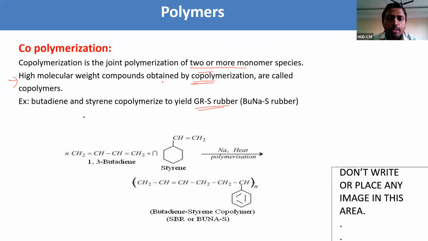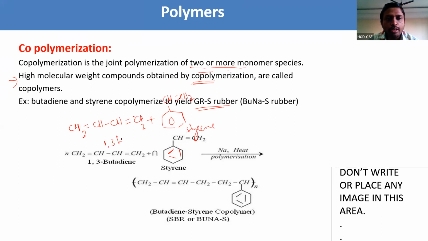The monomers are 1,3 butadiene, CH2=CH-CH=CH2, a four carbon compound, and styrene, which is a benzene ring bearing CH=CH2.